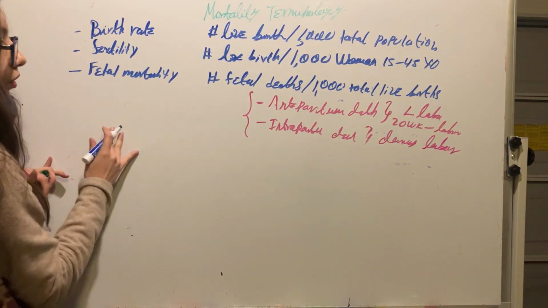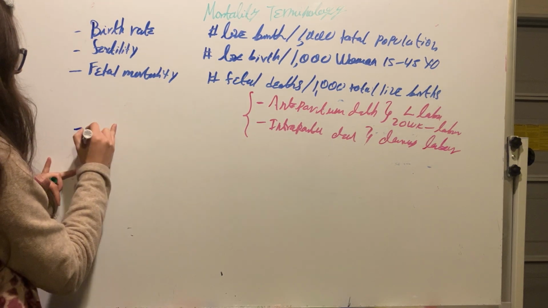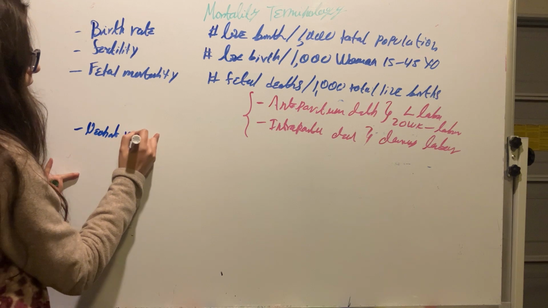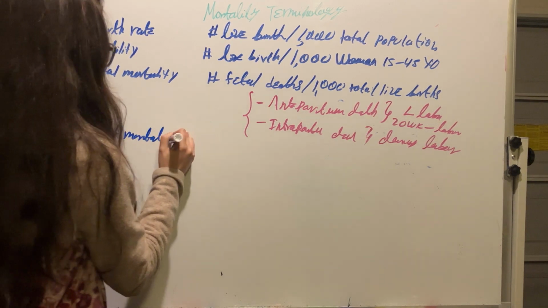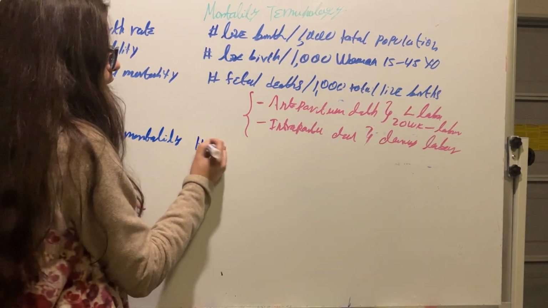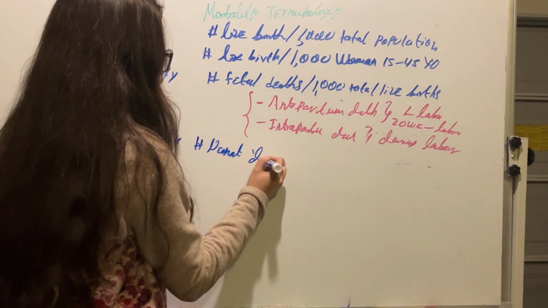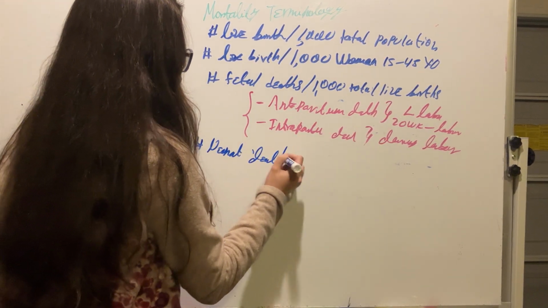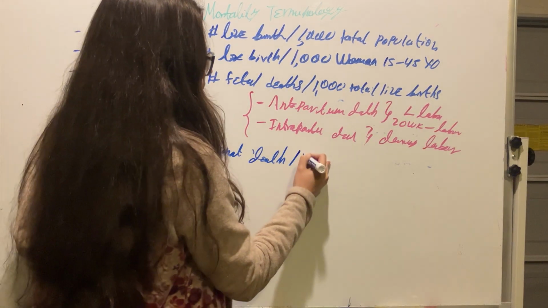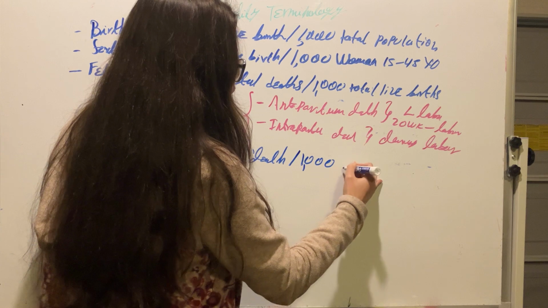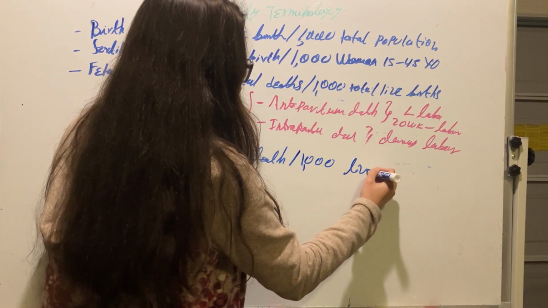Then we have neonatal mortality rate, which is the number of neonatal deaths divided by 1,000 live births.